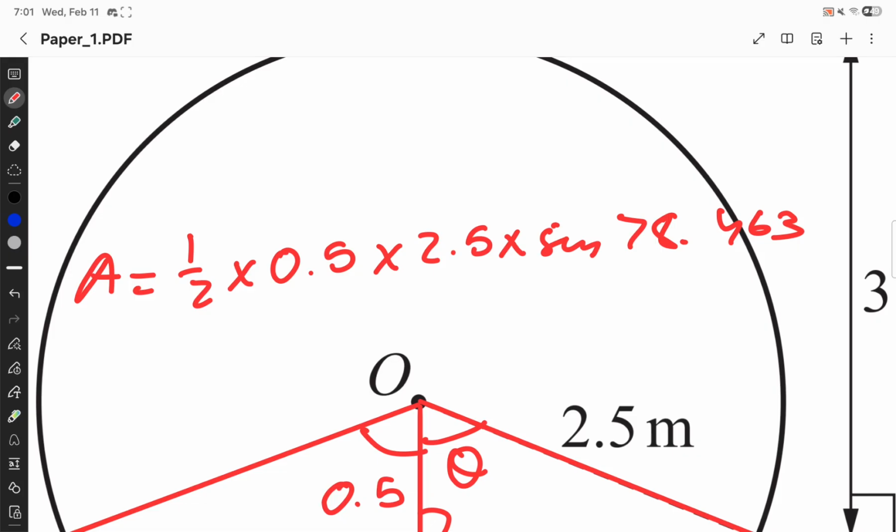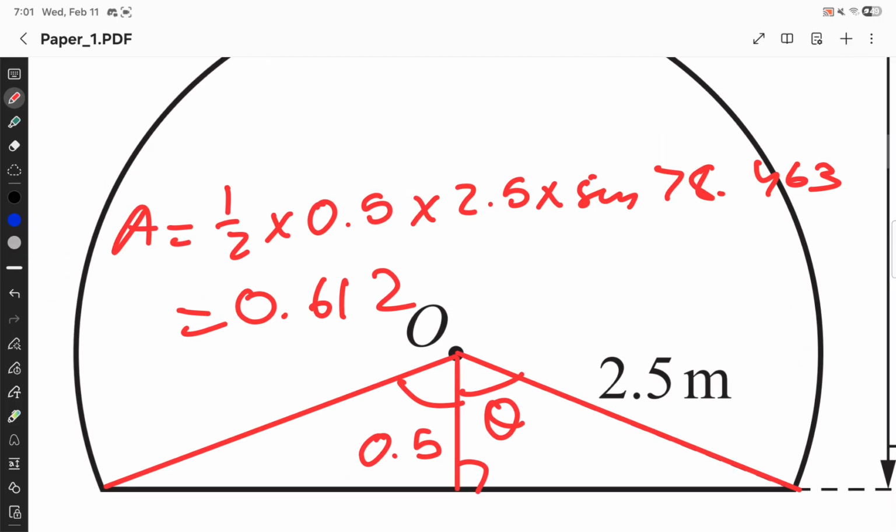Oh my god, I'm making mistakes even on the calculator. Sine of 78.463. Okay, this gives us an area of 0.612. Now this is for one of the areas, and we have one more area, and this is congruent, so we multiply this by 2, meaning this would cancel out.